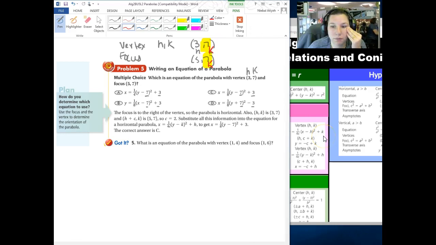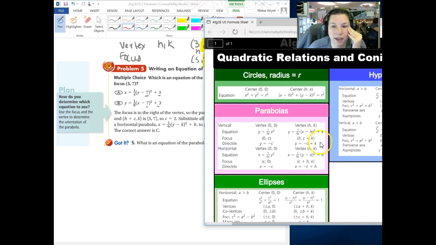So if we look at our formulas, I want the ones that have the y value, k, in the second position of the focus. That's this one here, so it's horizontal.